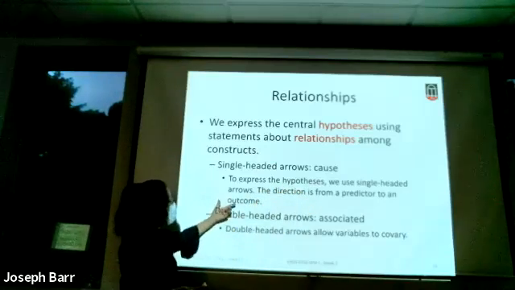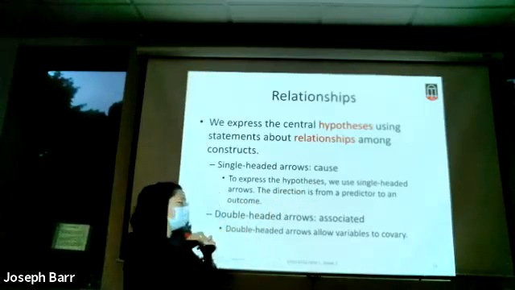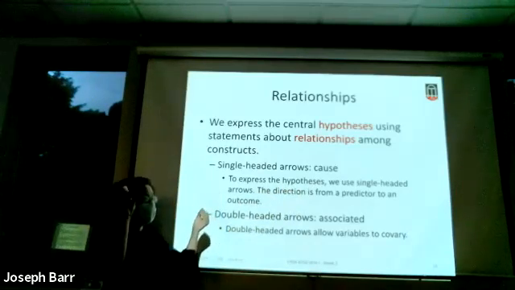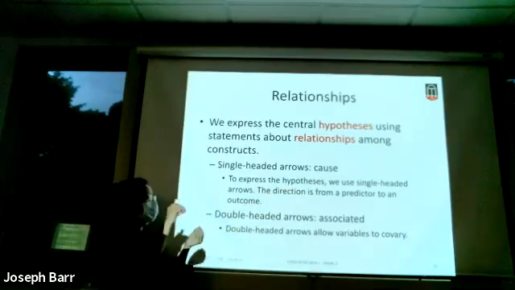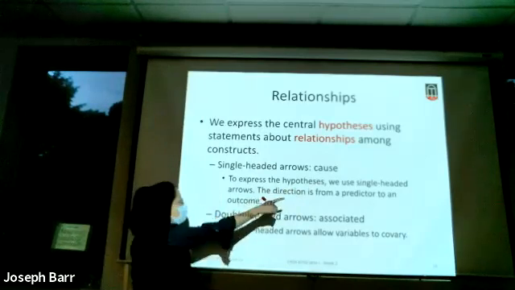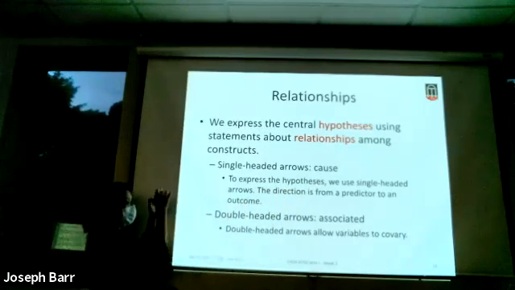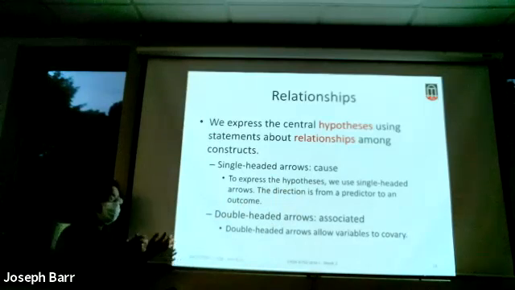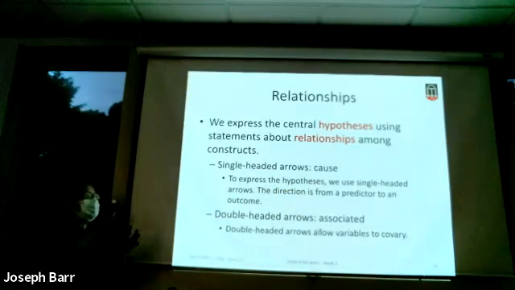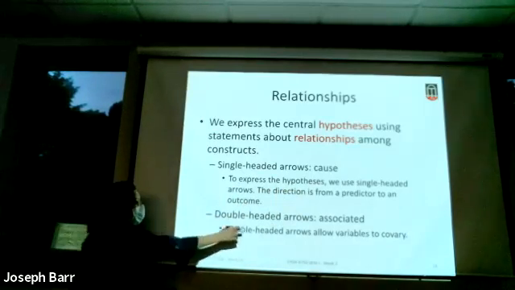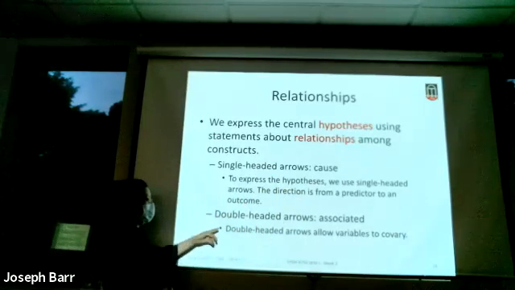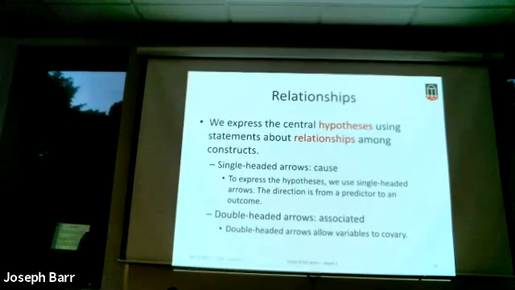So if you have a hypothesis that A causes B, then you use a single-headed arrow. The direction is from predictor to outcome, just like in regression, from independent variables to dependent variables. Double-headed arrows mean association, correlated.